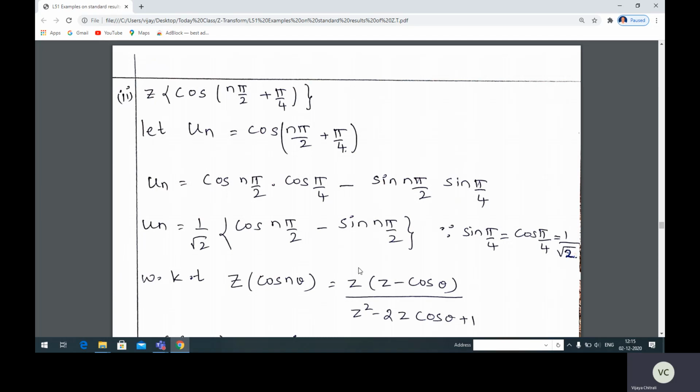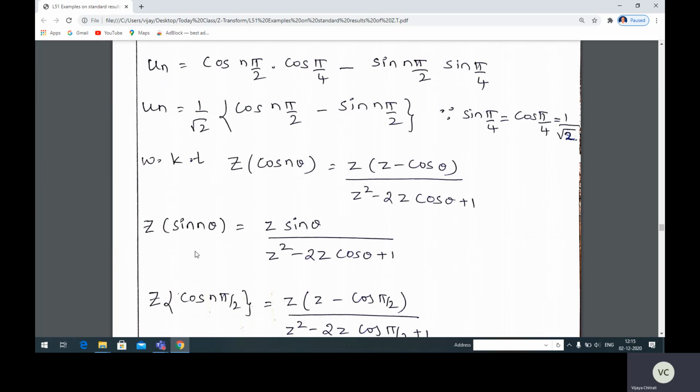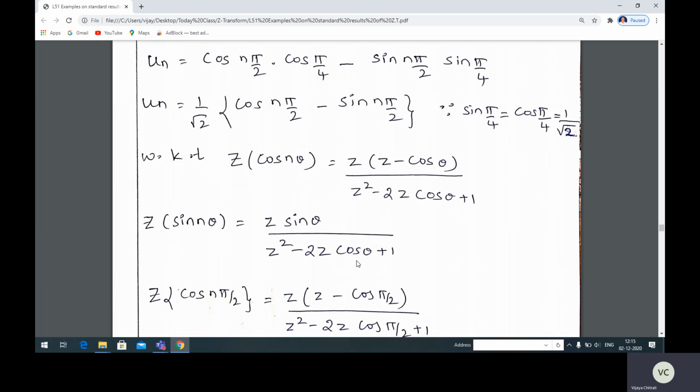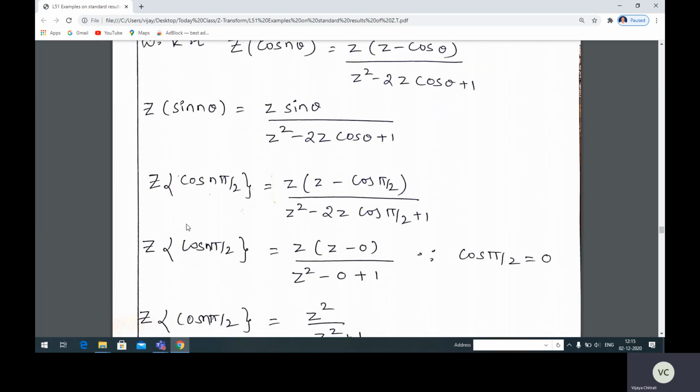So z transform of cos n theta is equal to z into z minus cos theta divided by z square minus 2z cos theta plus 1, and z transform of sin n theta is z sin theta divided by z square minus 2z cos theta plus 1. So substitute theta as pi by 2.